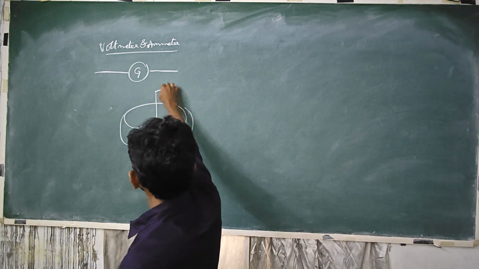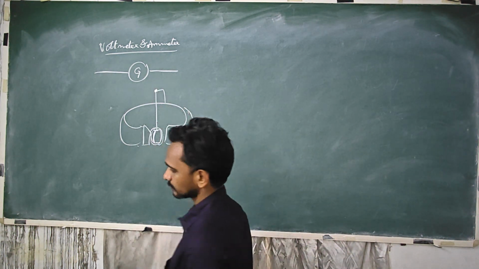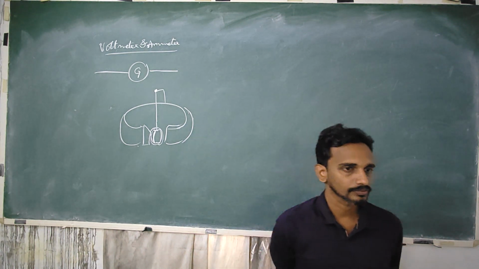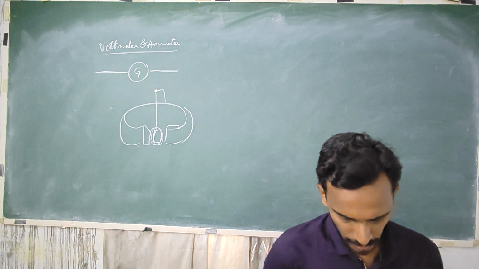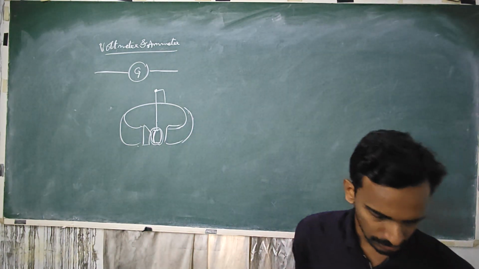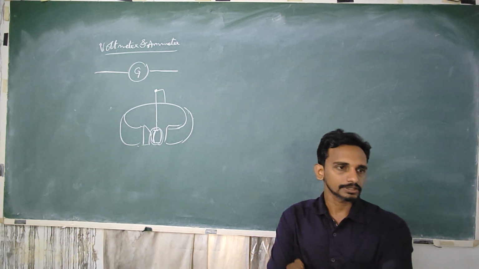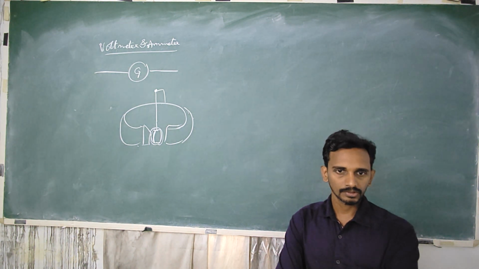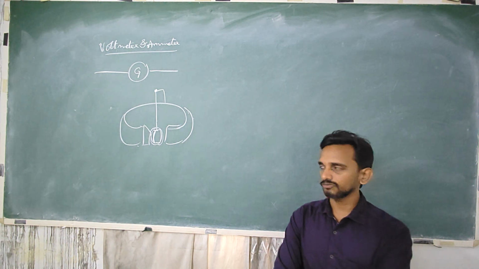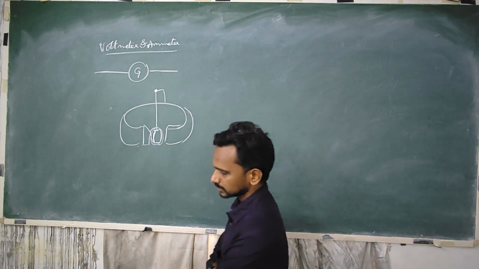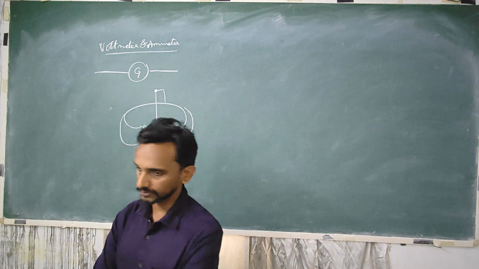So this measures the amount of charge flowing through the circuit. Now we have to use this galvanometer to measure voltage and current. How to modify or convert this for our purpose is a matter of discussion.